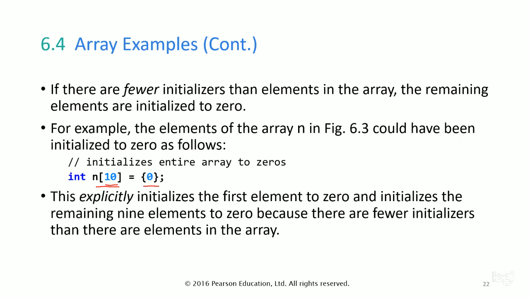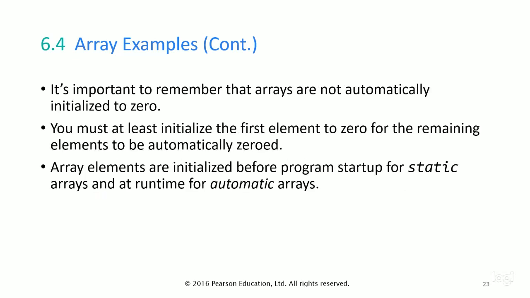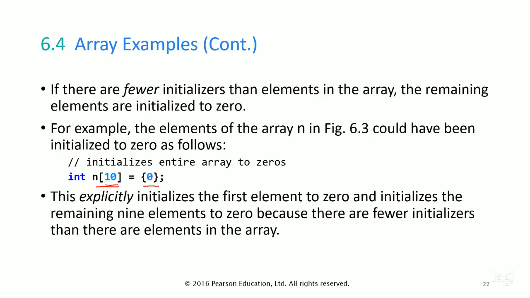So in this case you have an array of size 10, and all the elements inside that array are initialized to 0. And so in this case the first element is initialized to 0, and then the remaining 9 are also initialized to 0, because we did not specify initializers for these.